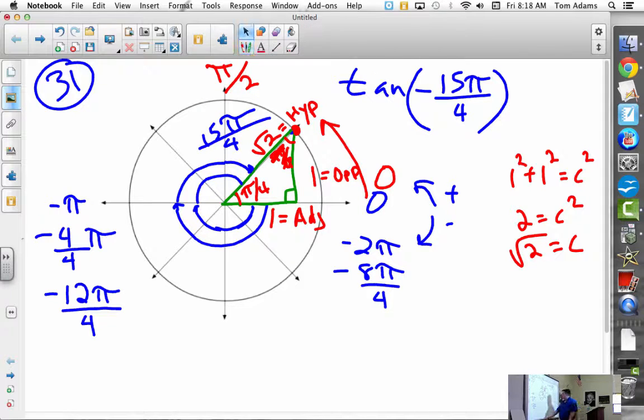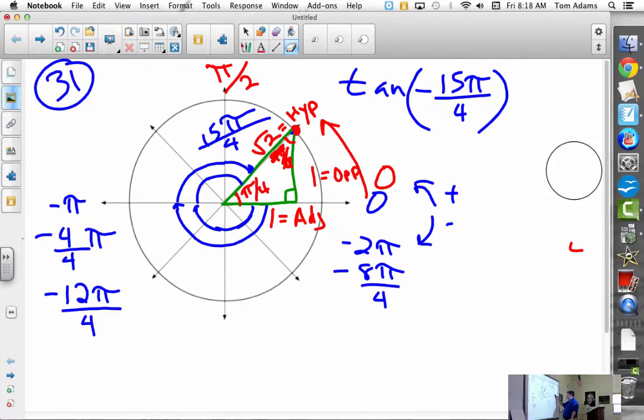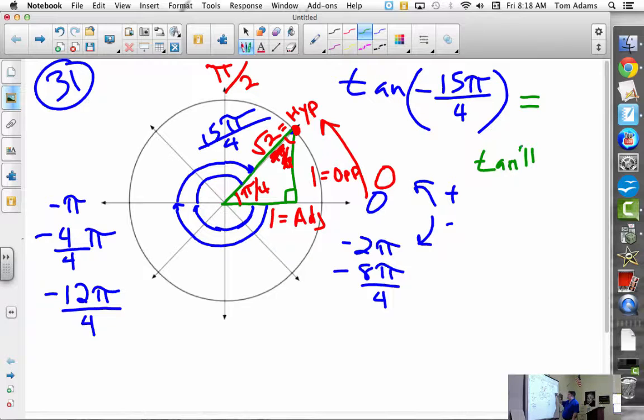So what I'm really trying to figure out is what this is. This is the same as tangent of pi over 4. And remember that tangent, SOH CAH TOA, is the opposite over the adjacent. So tangent of pi over 4 is the opposite, which is 1, over the adjacent, which is 1, is 1.